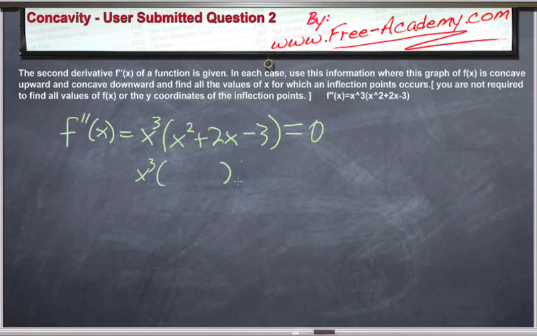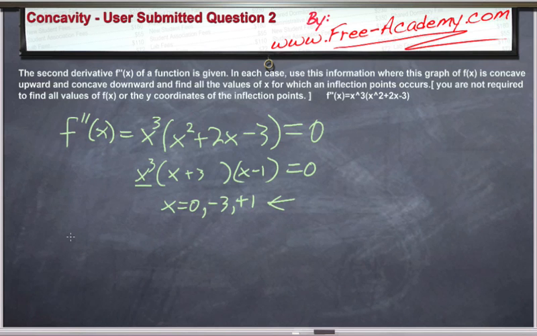We can take our x squared plus 2x minus 3 and factor this, and this should be equal to x plus 3 times x minus 1, all equal to 0. And this should give us values of x equals 0, coming from the x cubed there, minus 3, and positive 1. So this is going to be our potential inflection points.